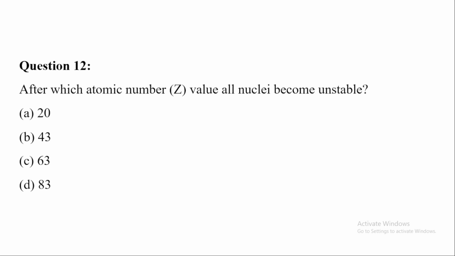It tends to release those neutrons or protons from the nucleus. So the nucleus tends to break or it can fuse, and it can undergo radioactivity. So, after which atomic number value do all nuclei become unstable? The answer is 83. So, after 83, what happens?